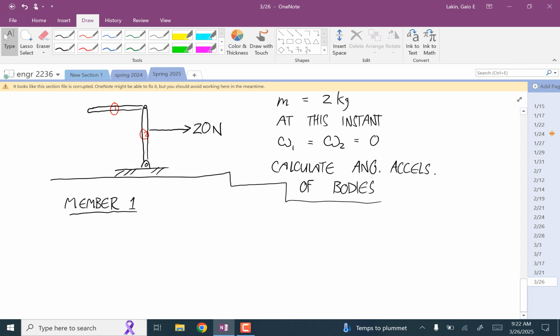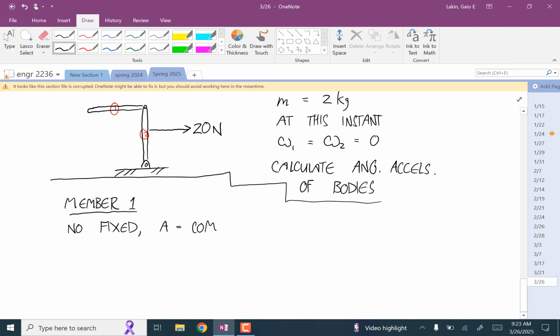I guess it can move in a circle. So no fixed point. And so what's our about point going to be? The language. Center of mass. So the about point is the center of mass.